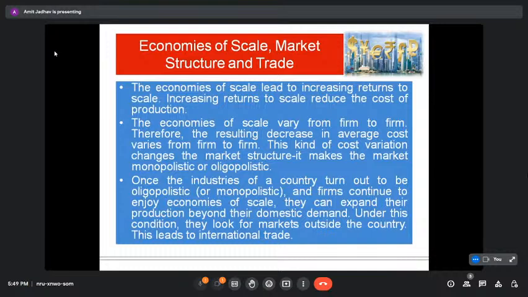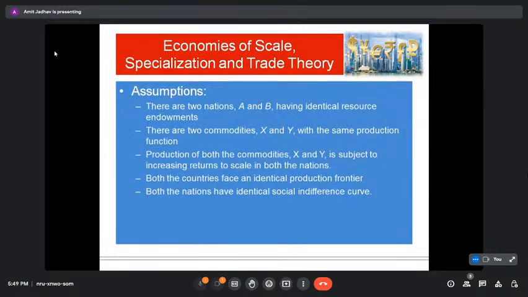It means they are able to create some surplus production, and through that surplus, they can export to other countries. So economies of scale can help international trade between two different countries.